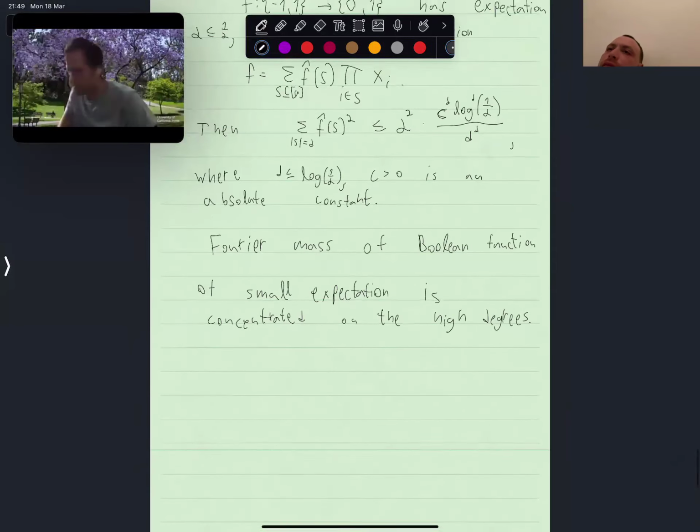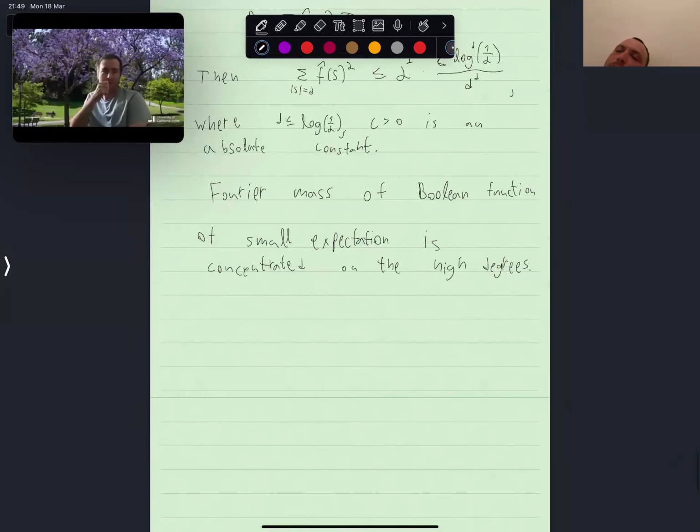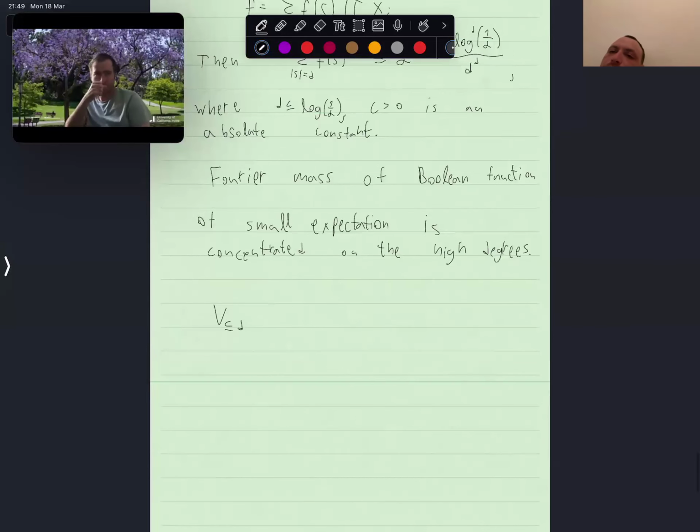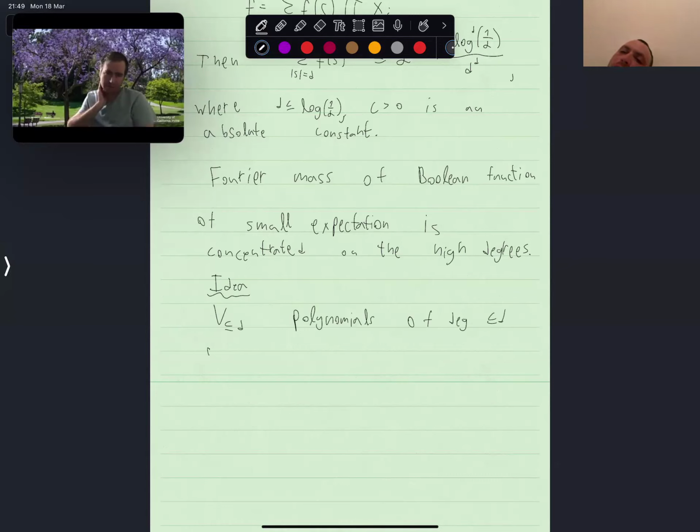So basically, what you can do in the unitary group is you can define the space V at most D to be polynomials of degree at most D in the entries and their conjugates.